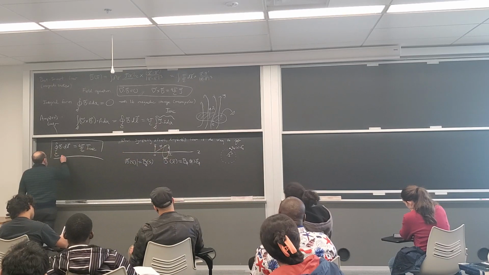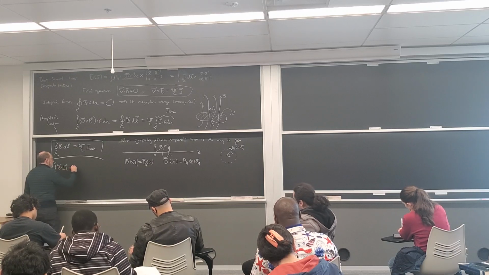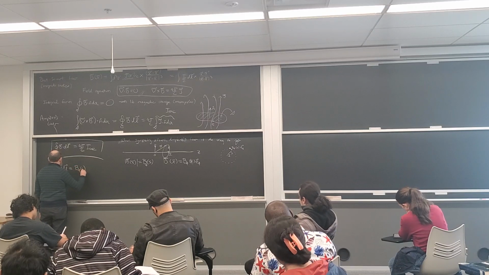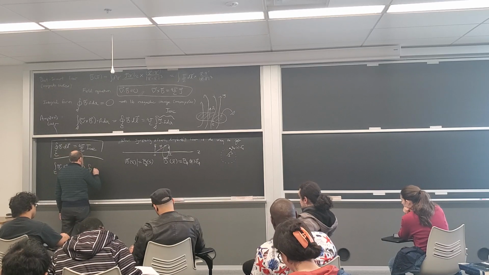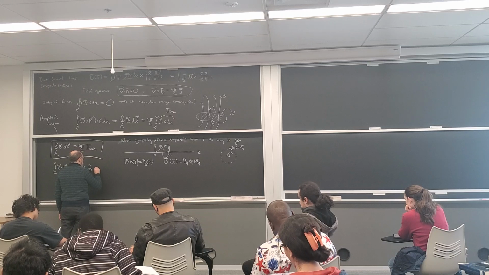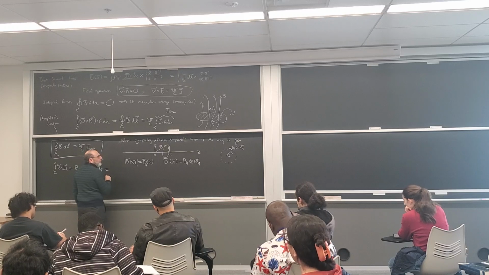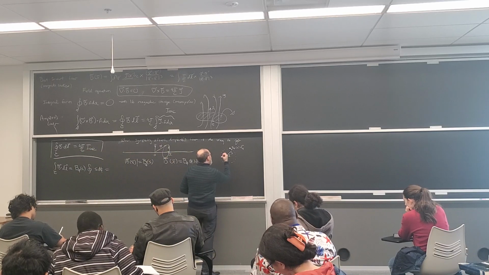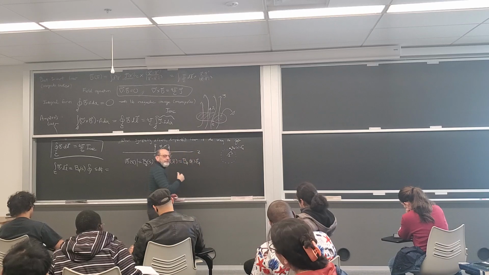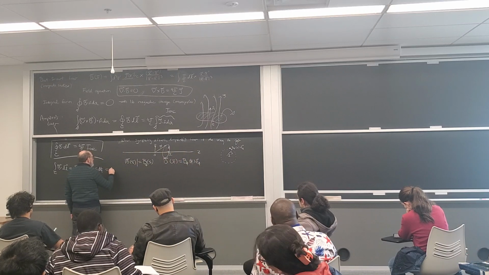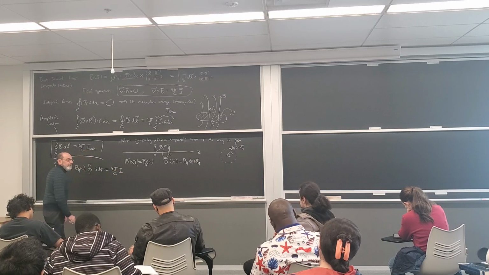And so what that tells me in this case is that the line integral of B dot dl equals the current enclosed, which is the current along the direction of the normal, and the direction of the normal is chosen by the right-hand rule, so it's the positive current in the z direction, and that's 4 pi over c times I, right?